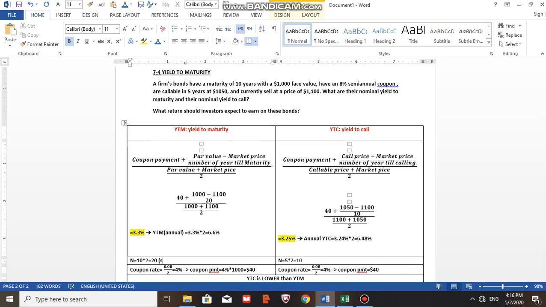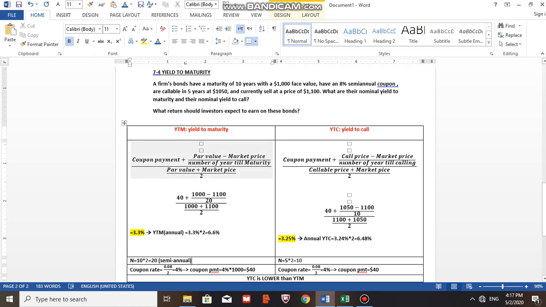So it's 20. For the coupon rate, in the given it's 8%. It's a semi-annual coupon payment, so the coupon rate is 8% divided by 2, it's 4%. Now, to calculate the coupon payment, we multiply the coupon rate by the par value, and we get 40. So this 40 is the one used in the formula.